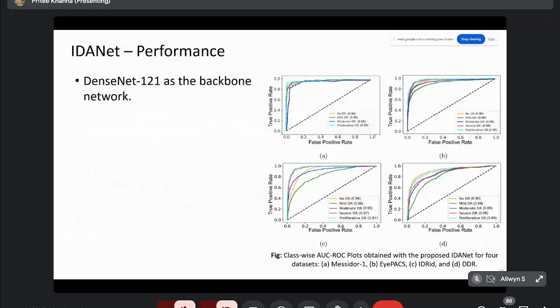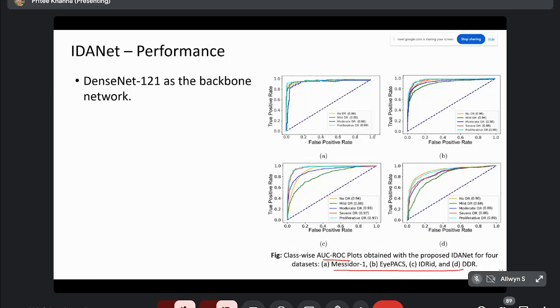Now, if we look at the performance, this is the performance of the network with DenseNet. In the paper, the details are there. When we did this study, we found that DenseNet 121 works well as a backbone. And these are the AUC ROC plots for 4 data sets.